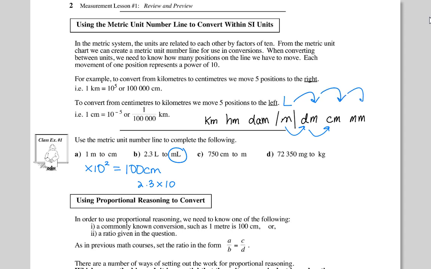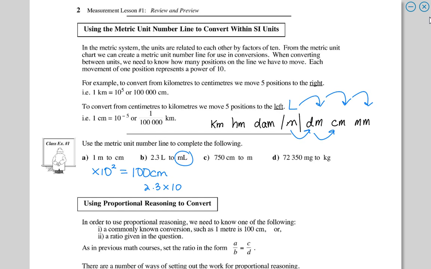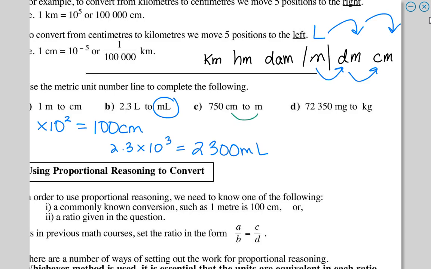Good. 3 jumps. So I would times by 10 3 times, and you get 2,300 milliliters. Any issues with that so far? This should feel pretty comfortable for you guys.